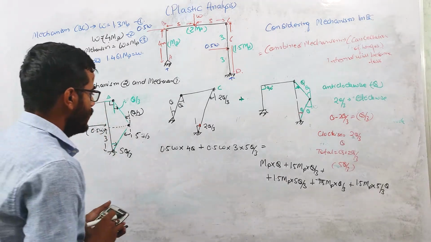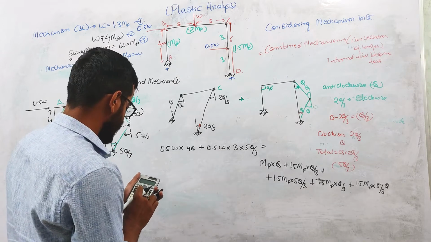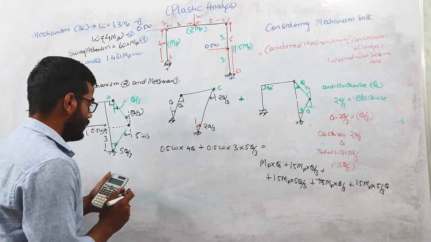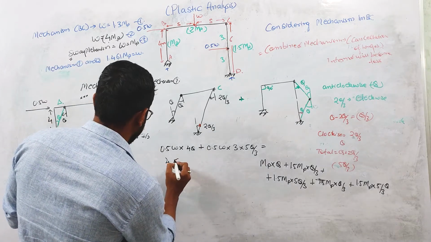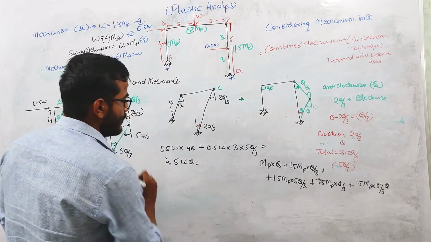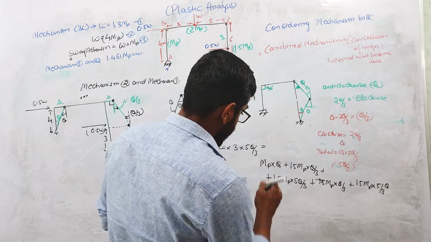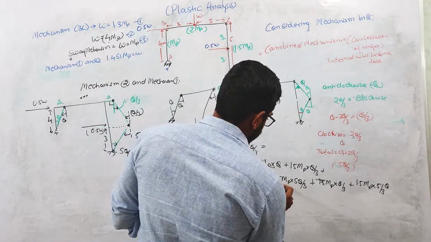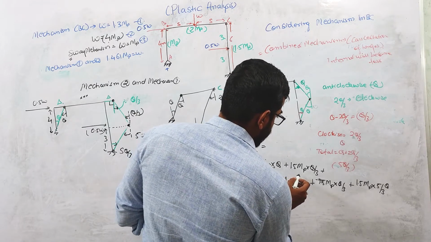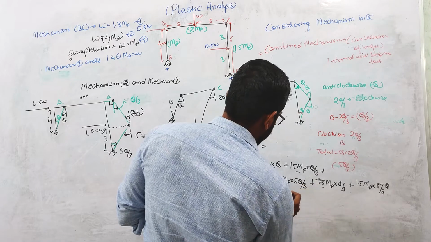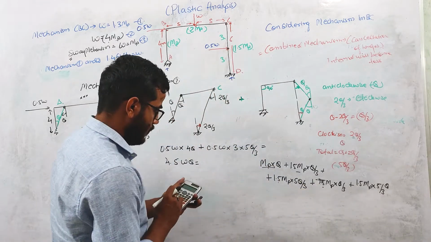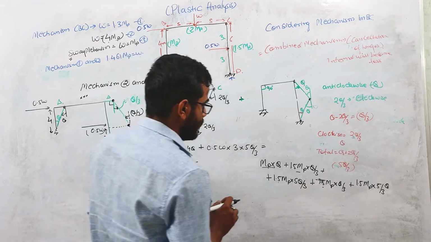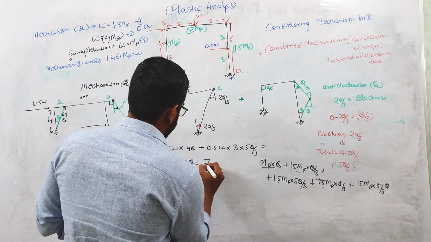Right, so if you calculate this, it will be 5 into 4 plus 0.5 into 5, so this is 4.5 W theta, and this will be equal to the internal work, 2, 2, 1.5 into 5 divided by 3, 2, 7.